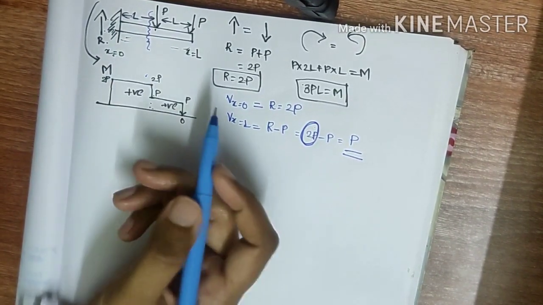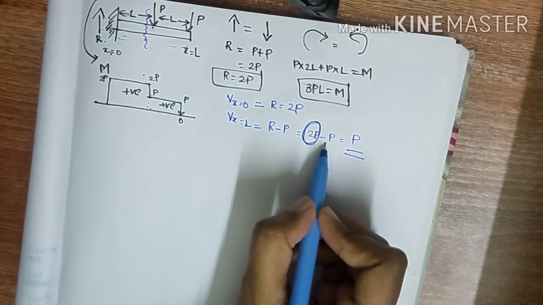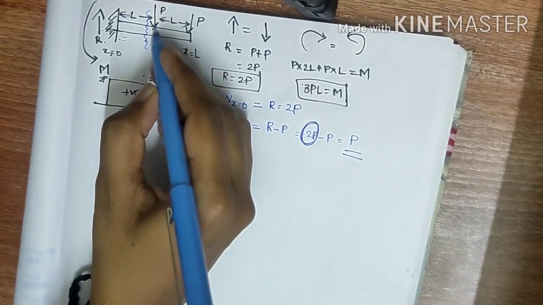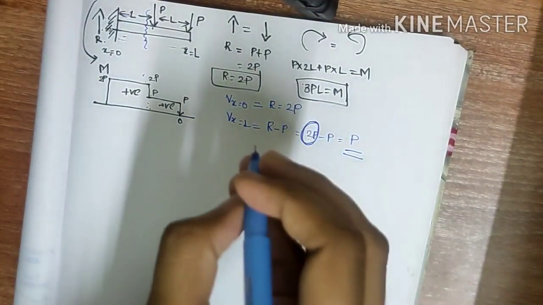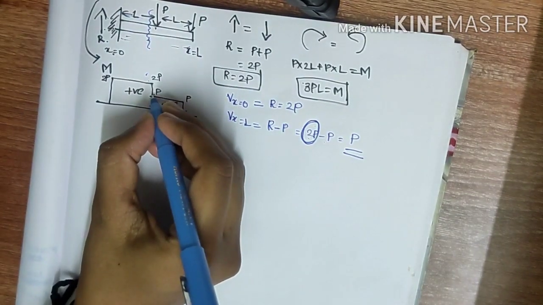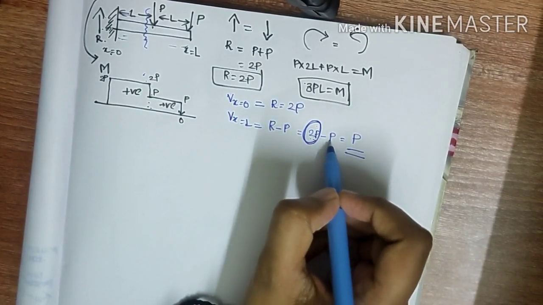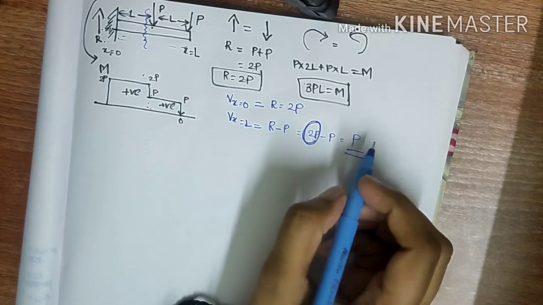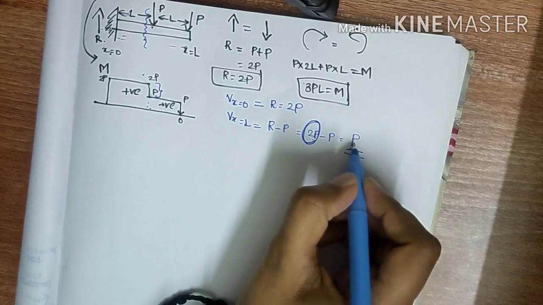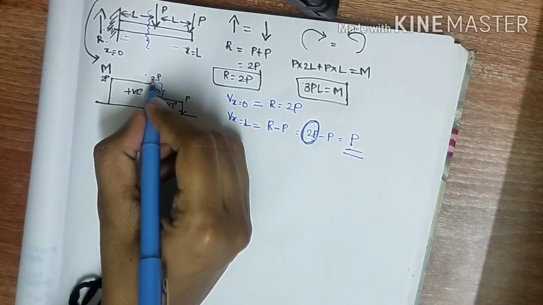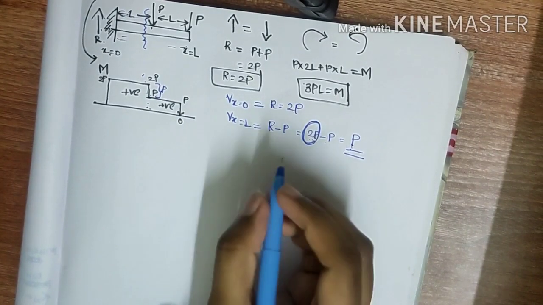After that, minus P is there because of the point load, which acts downward, so we subtract it. 2P minus P, we get P. So the answer is P, and the magnitude here is P.